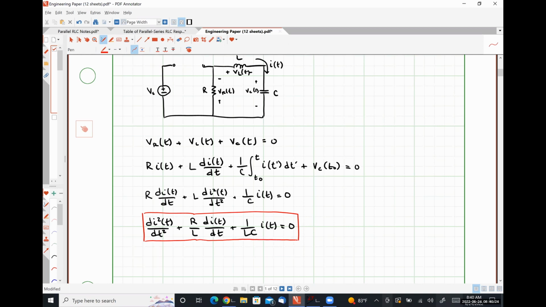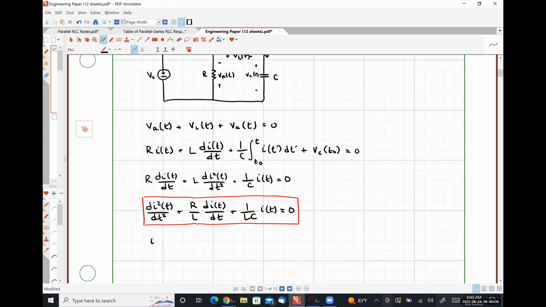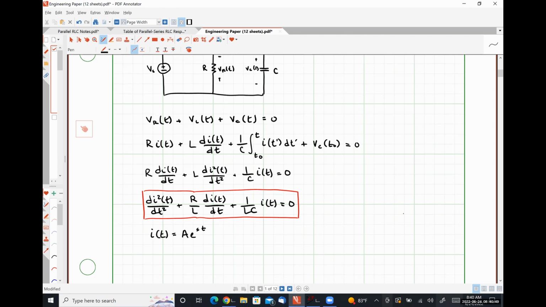And now we have to effectively determine what the function i of t is in order to solve this differential equation. So we are going to guess that i of t will be of the form A e to the st, just like we did on Wednesday's class.